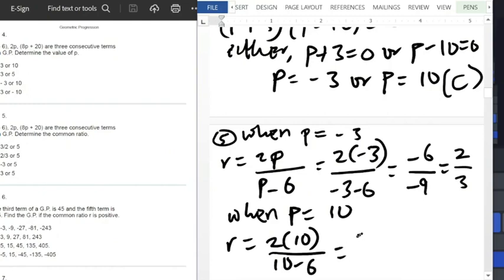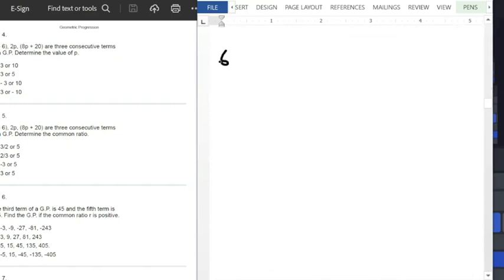So which is equal to 20 all over 4. So 20 over 4 is what? 5. So the common ratio is 2 over 3 or 5. That is option B.